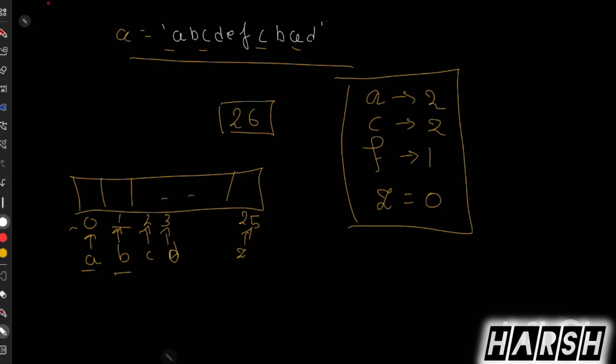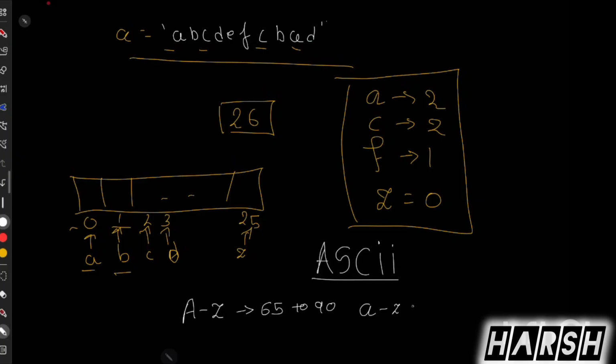That is done with what is called ASCII code or ASCII value. In ASCII, all capital letters A to Z are written as 65 to 90 and all small letters a to z as 97 to 122.